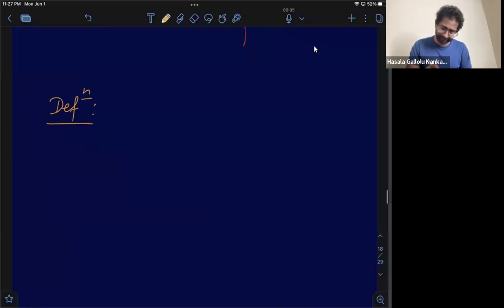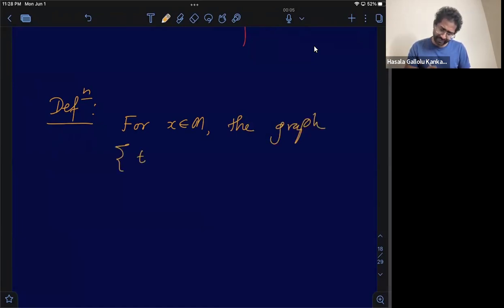So simply, for x, the graph. The graph is none other than the collection of the domain values together with the y coordinates, or the images.